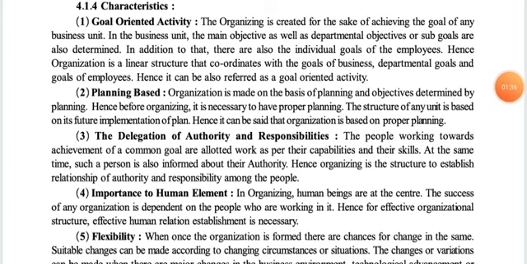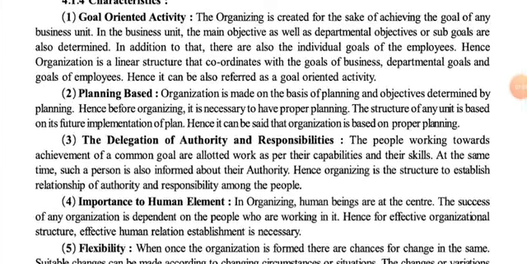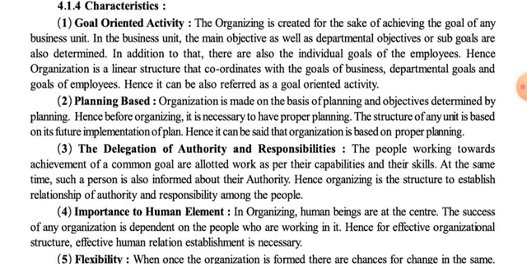So let us start with the first characteristic, that is goal-oriented activity. Organizing is created for the sake of achieving the goal of any business unit. In the business unit, the main objective as well as departmental objectives or sub-goals are also determined.